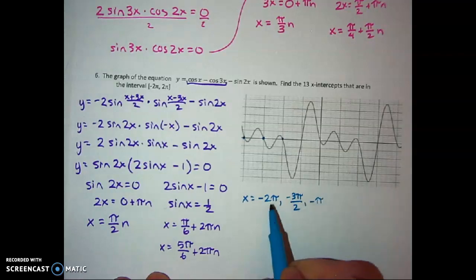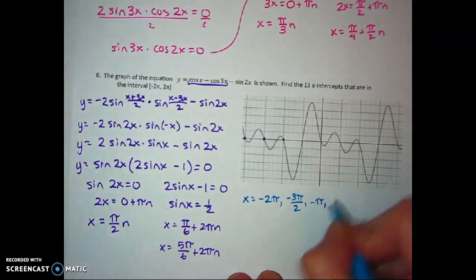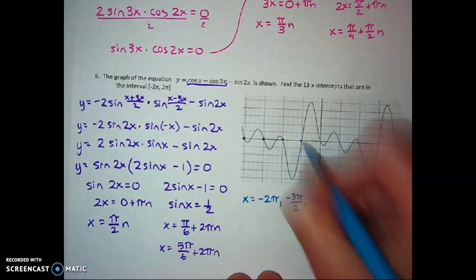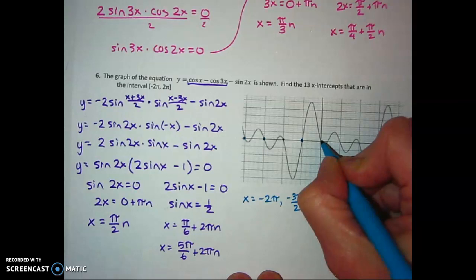Getting to negative pi is multiplying it by negative 2. Multiplying it by negative 1, I get negative pi over 2. It's right there. When I multiply by 0, I get 0.